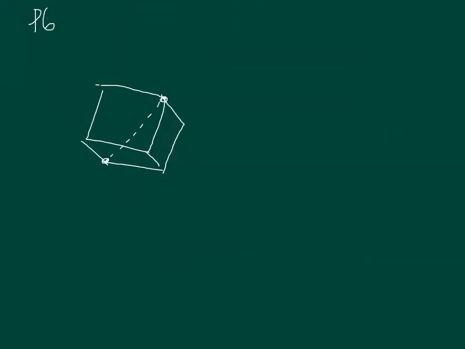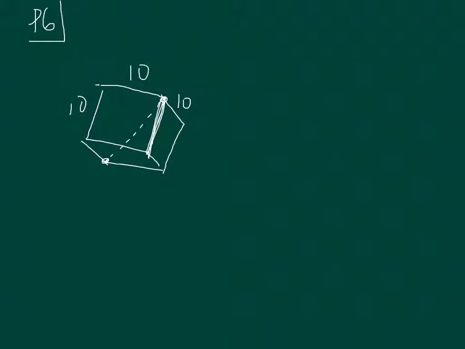Problem number 6, we're going to have to find out, we have a cube with 10 units length, width, and height, and we have to find out the distance from one vertex to the opposite vertex. We kind of have to find out the squares or triangles we are looking at.